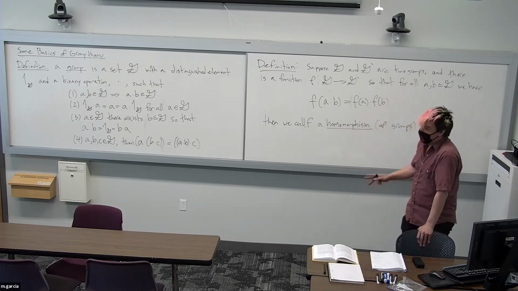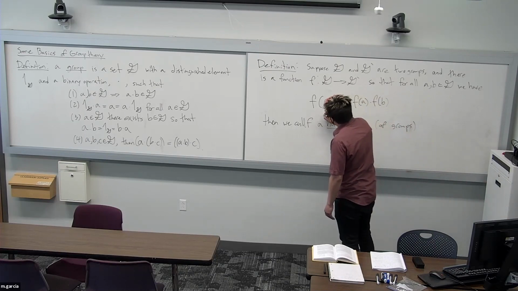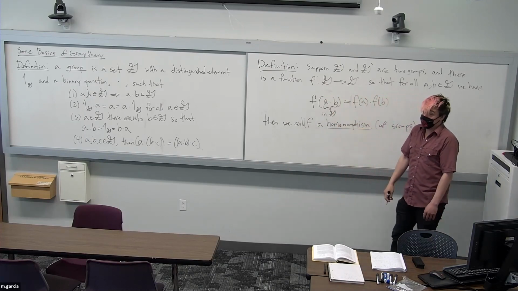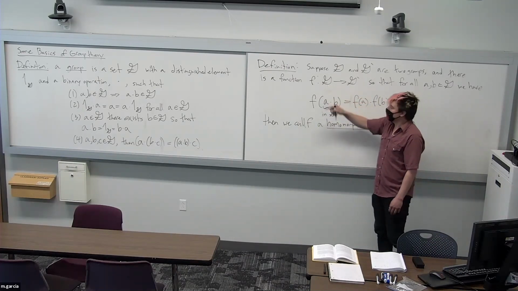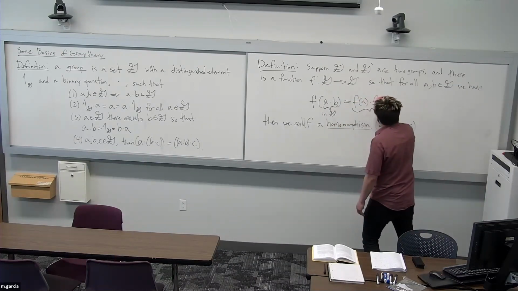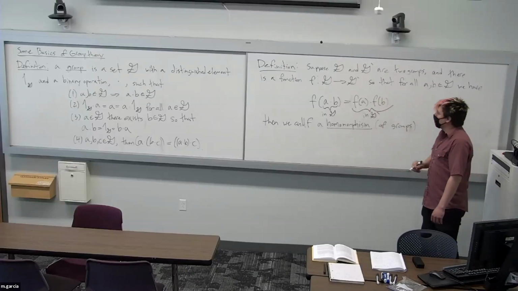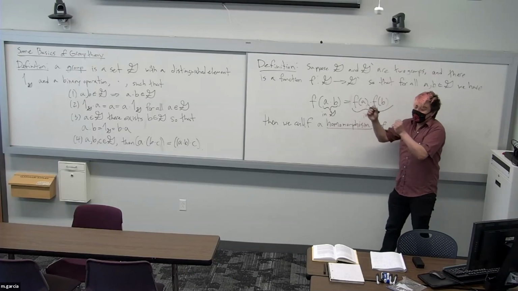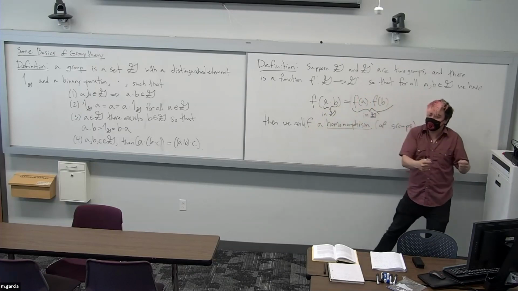Now, there's a subtlety here. This multiplication, A dot B, happens in G, our domain group. This dot happens in G prime. Regardless, the operation is the same. So what we say is that f preserves the operation. It takes the operation that happens in G, the group operation, and translates it into the group operation of G prime.